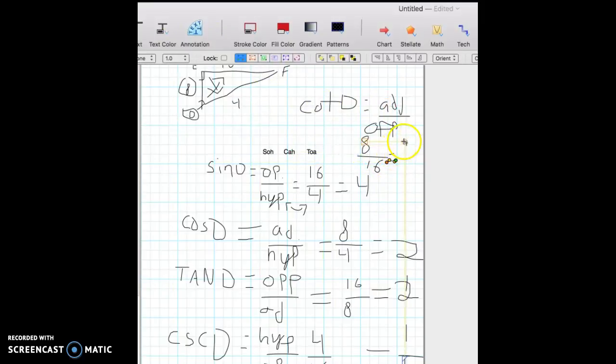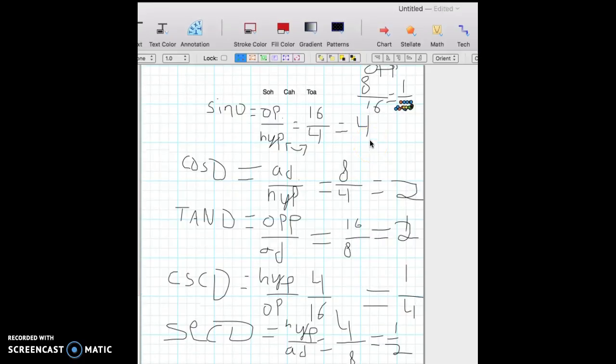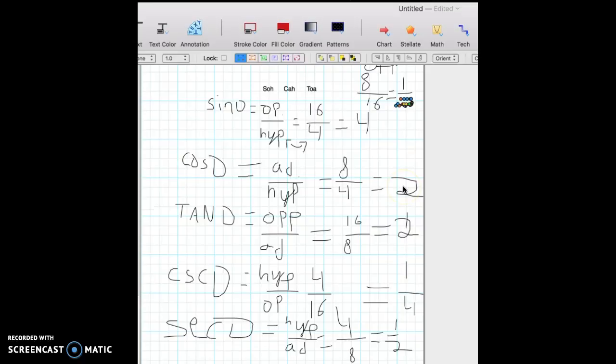So you can kind of see the pattern. For example, for sine we got 4, and for cosecant we got 1/4. So we kind of got the opposite. For cosine we got 2. For secant we got 1/2.